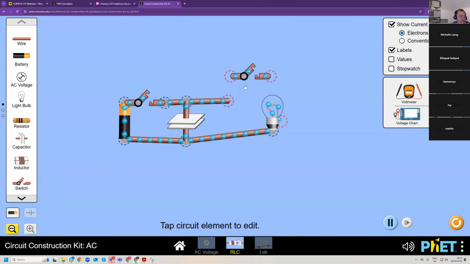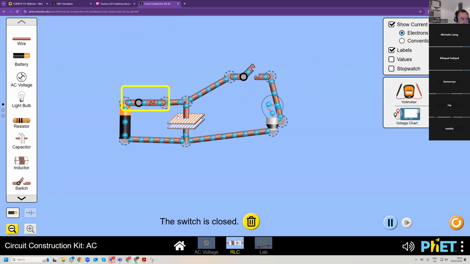You need a switch. If you switch this switch on, you can see that the capacitor is now charged. You have a positive charge on the top plate and negative charge on the bottom plate. And now if you connect the capacitor to a light bulb, the charge will flow through the light bulb, the capacitor will discharge, but the light will work for some time.